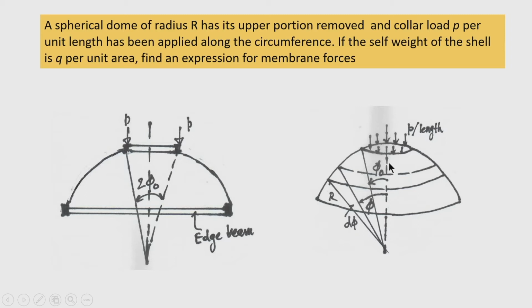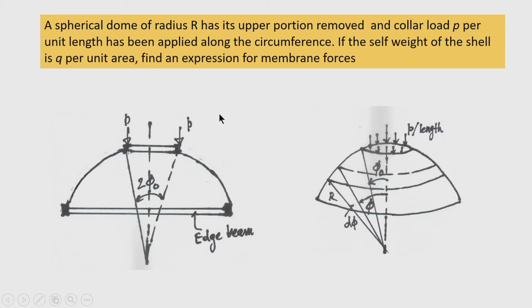Now, this is the extra load put, but it has some discontinuity here, and therefore we want to avoid the integration expression. We want to use the physical interpretation of the integral expression to solve this problem. Our intention is to find the membrane forces in this shell.